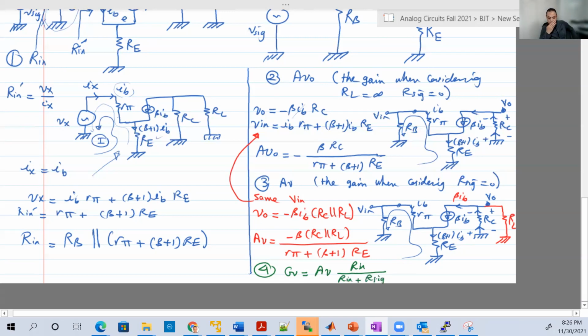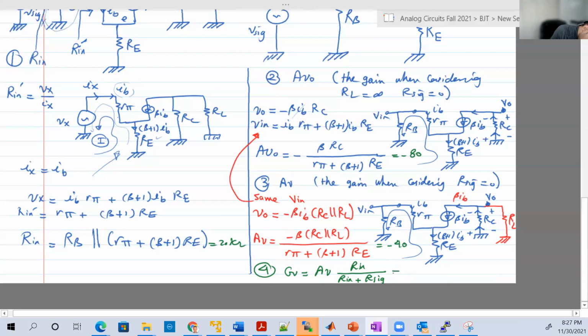If we calculate the values, let me put the values here. Say this will be 20 kilo ohms. AV naught will be, just to have a sense, minus 80. AV will be, of course, less: minus 40, because RC is equal to RL, both are 20 kilo ohms.